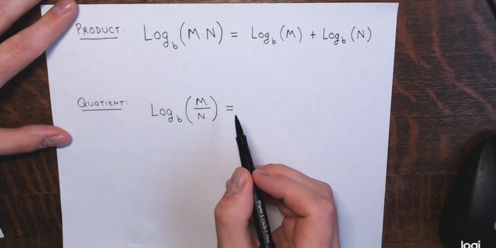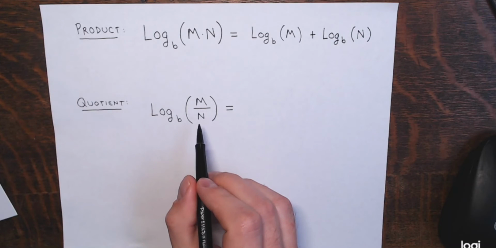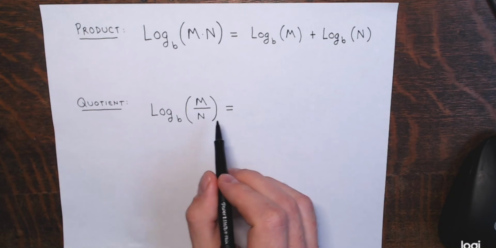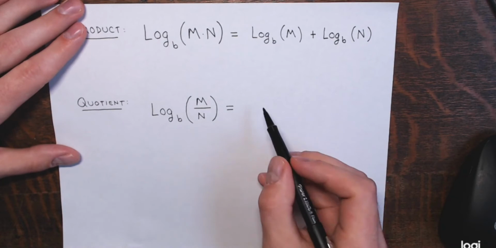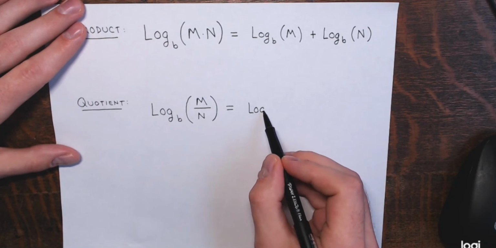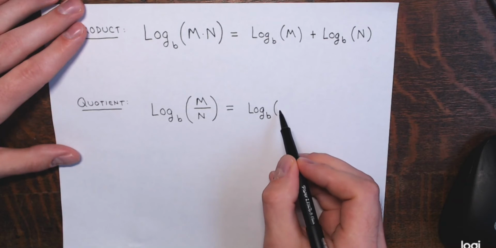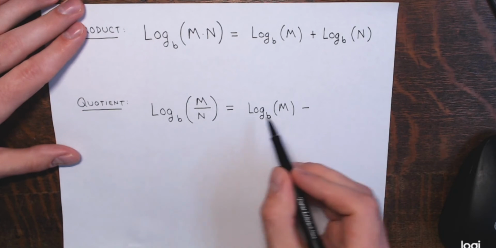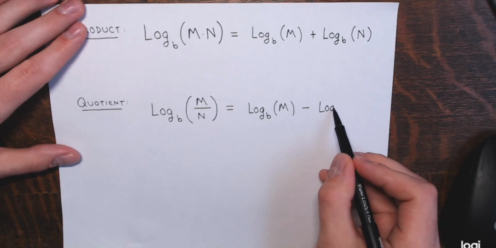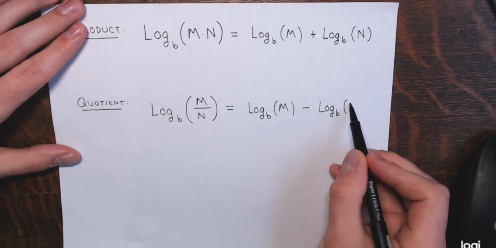The logarithm of a quotient was a difference of logarithms, subtraction. It's the logarithm of the numerator, log base b of m, minus the logarithm of the denominator, log base b of n.